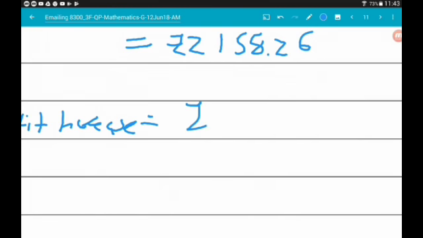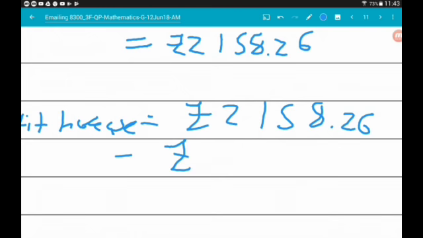So 2,158.26 minus profit in week 1, which was £1,895.55p.